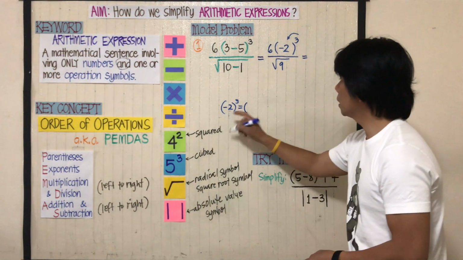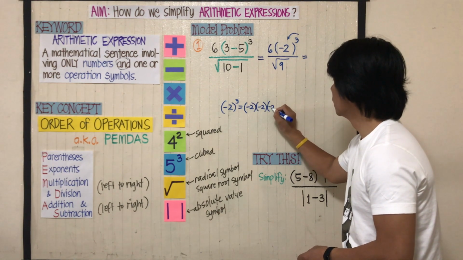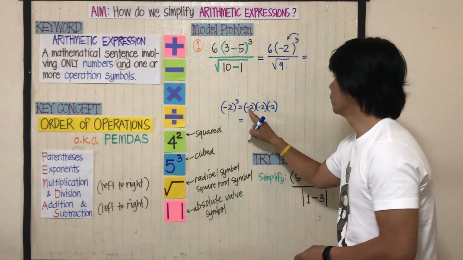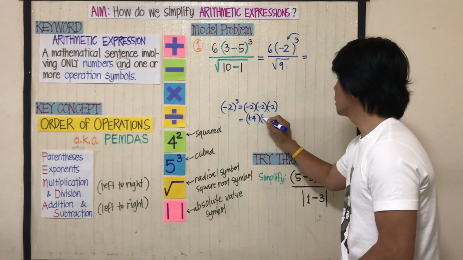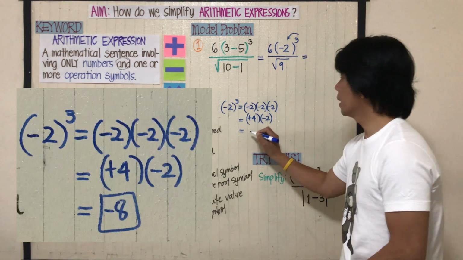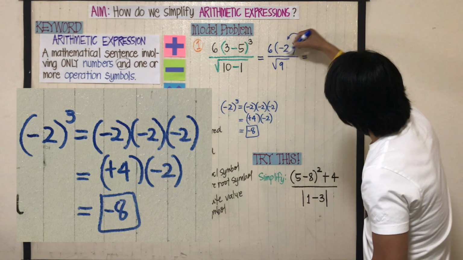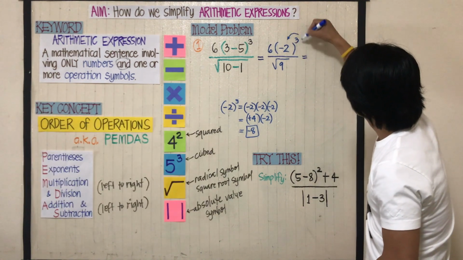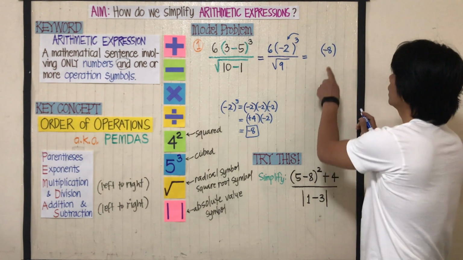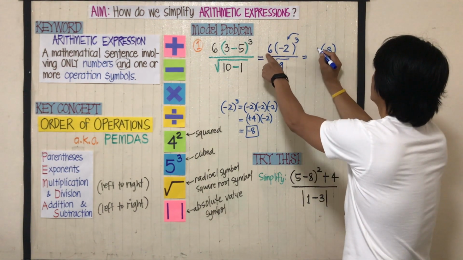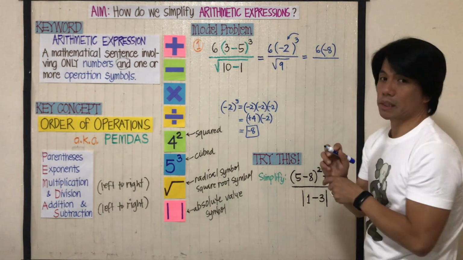It means you're multiplying negative 2 by itself 3 times, which is negative 2 times negative 2, that's positive 4, times negative 2, and that is negative 8. This part of the expression is equivalent to negative 8. Then we enclose it in parentheses to show that we need to multiply it by 6.